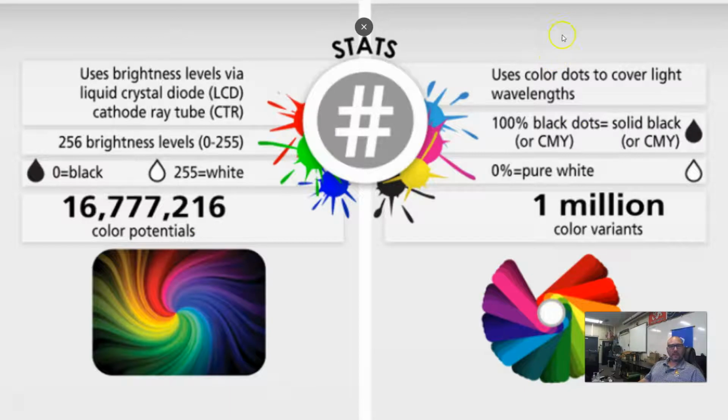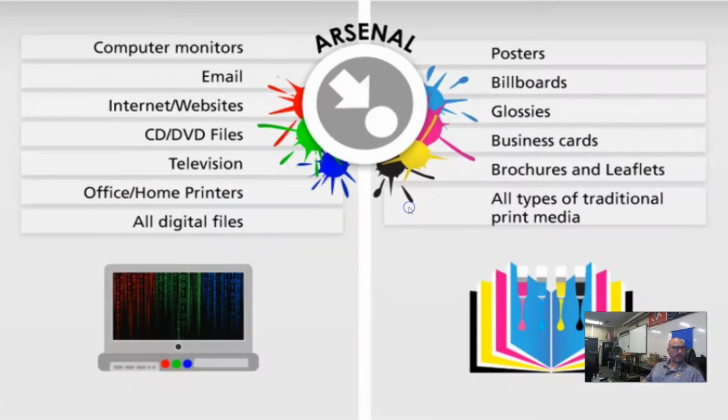On the CMYK printing side it's not that way: 0% would be white, and 100% black dots all over the entire paper would be black. And you only get about 1 million. A million is a lot of colors, but it's not as much as 16 million, obviously.